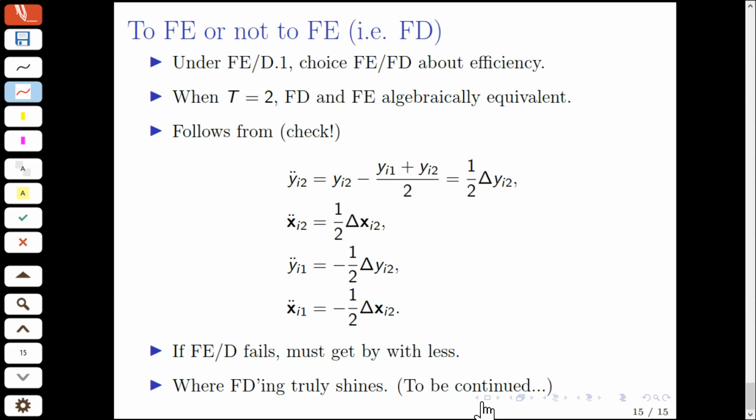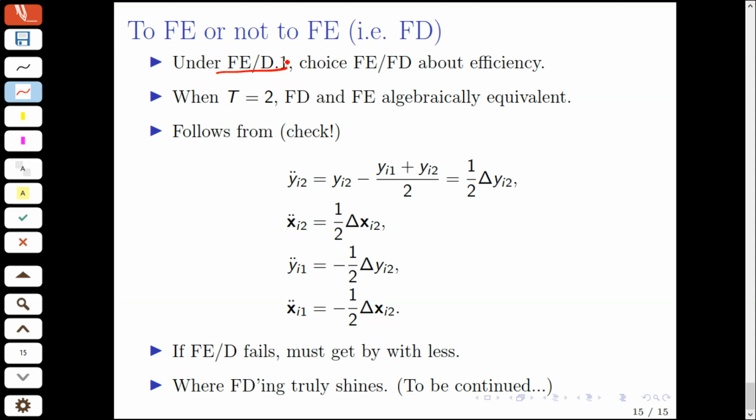Having discussed both the fixed effects as well as the first difference estimators, you may wonder at this point, what sort of estimator should I use? Now, since both of the estimators rely on our assumption of strict exogeneity, then up to rank conditions, which we believe to hold quite generally, the choice between fixed effects and first differences is really about efficiency.